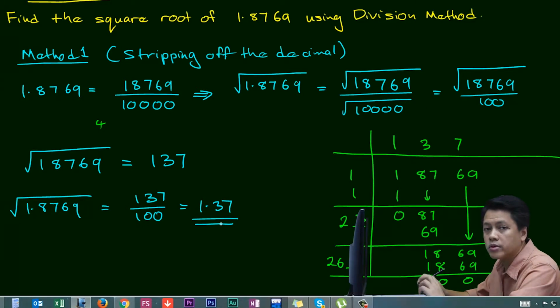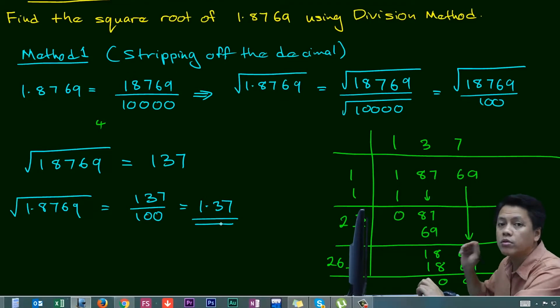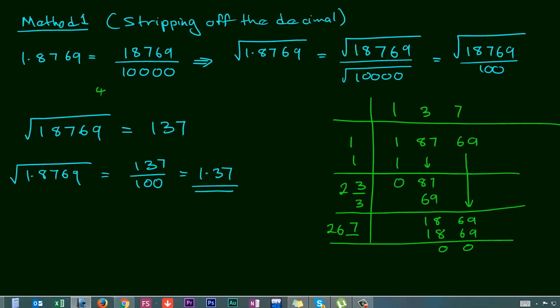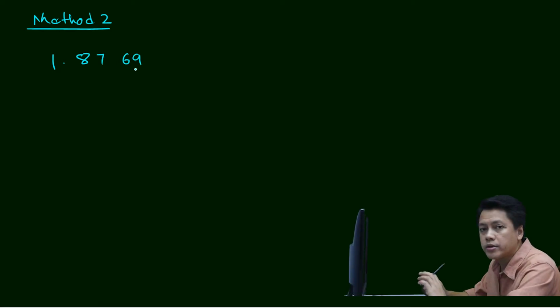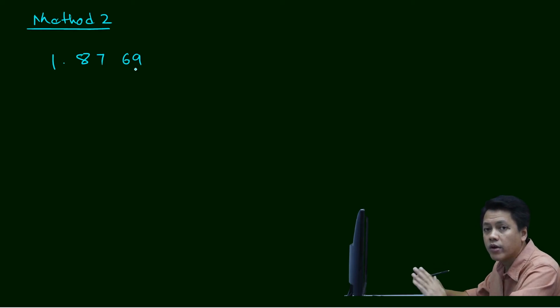Let's try to do the second method. The second method is without stripping the decimal and doing it right away. So in method 2, we need to go and pair up the digits of the decimal. But when we pair up the digits, we do it slightly differently than the perfect square of a very large integer.